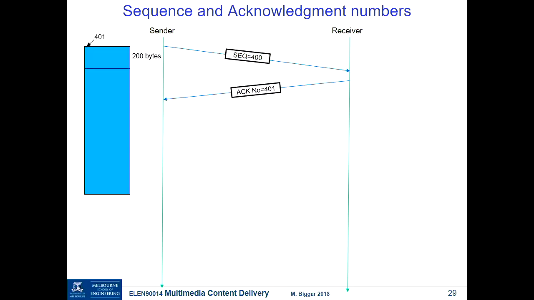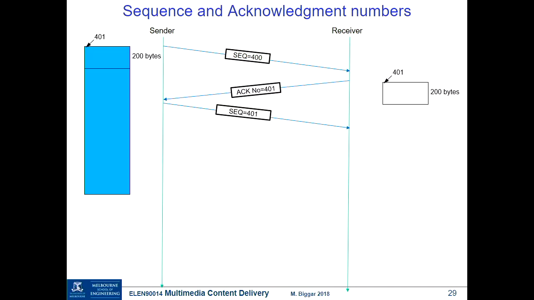So let's just suppose, making up some random numbers, that the first packet includes 200 bytes of data from this file. So the packet goes off to the receiver with the sequence number 401. When the receiver receives that, it knows it can start creating a copy of the file. It numbers the bytes from 401, just as it expected.